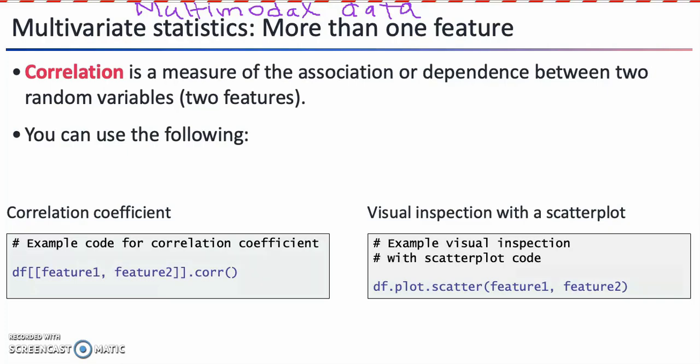And so you may address this by considering groups of 2 features at a time and then exploring. A visual diagnostic would be to create a scatter plot of one of these columns versus the other one. But you could also compute these so-called correlation coefficients.